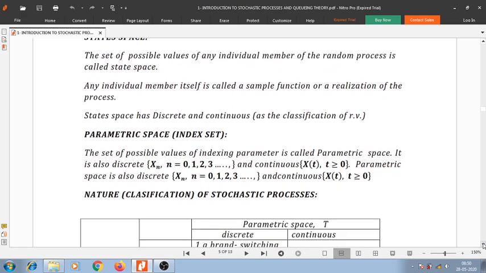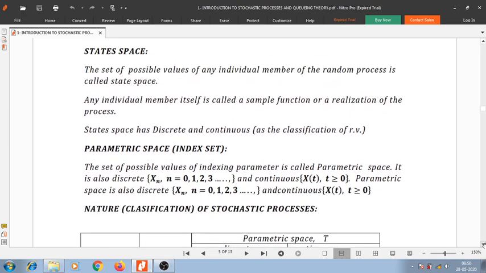Right. Now, classification of stochastic processes. Generally, the classification of stochastic processes depends upon the state space and the parametric space. State space is nothing but the sample space. Parametric space is nothing but the time axis, time parameter or index parameter. So what is the state space?